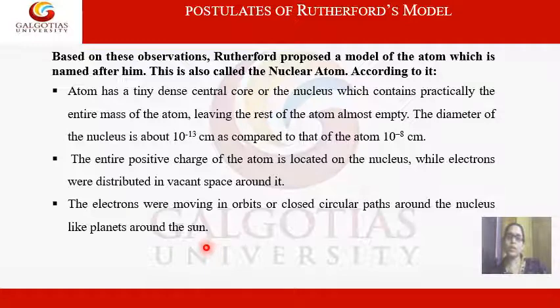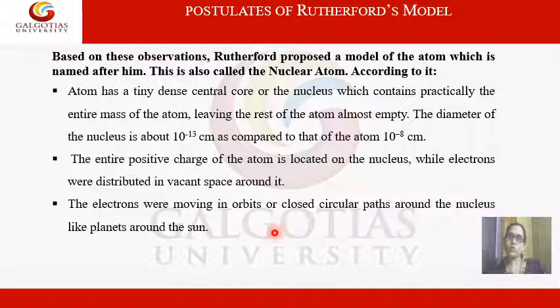Thomson's model definitely gives some structure of the atom. It gives more idea about the structure of the atom. But the limitations in Thomson's model were carried forward by Rutherford. Rutherford's model also describes the structure of the atom, but it cannot totally explain the structure of the atom.